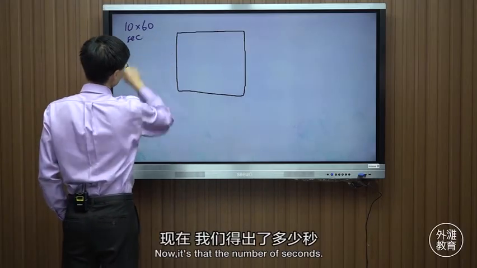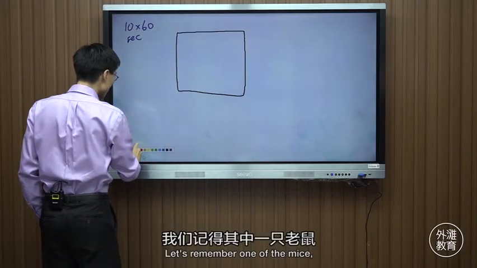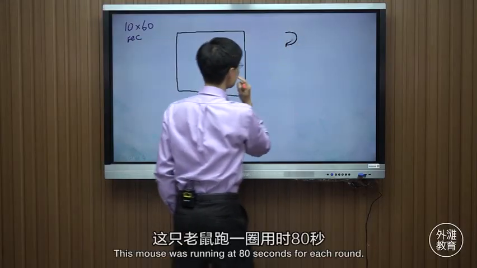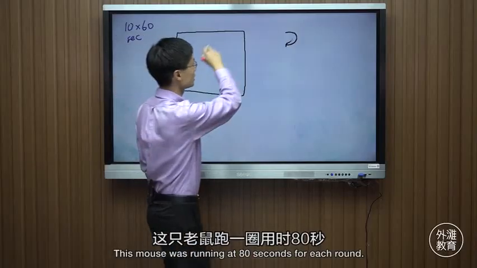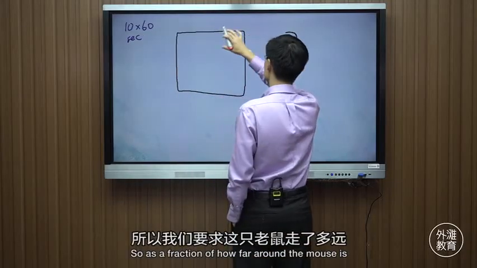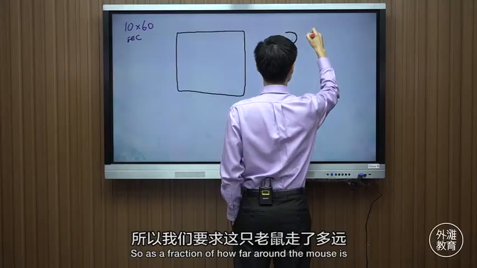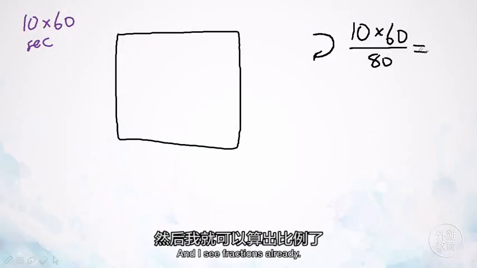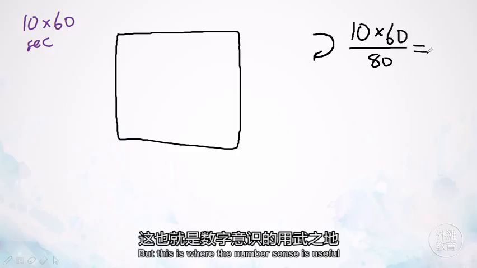Now, if that's the number of seconds, let's remember that one of the mice, who is going this way, was running at 80 seconds for each round. So as a fraction of how far around the mouse is, I would take 10 times 60 divided by 80, and I see fractions already, but this is where this number sense is useful.